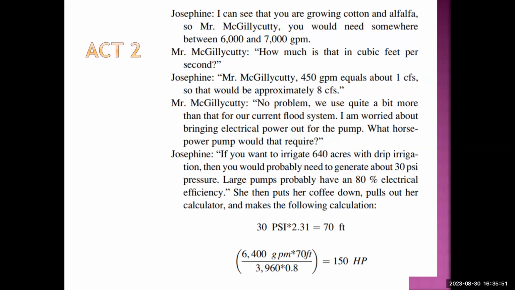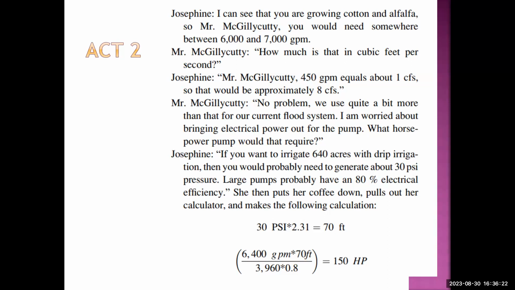I can see that you are growing cotton and alfalfa. So, Mr. McGillicuddy, you would need somewhere between 6,000 and 7,000 gallons per minute. Oh, seems like a lot. How much is that in cubic feet per second? Mr. McGillicuddy, 450 gallons per minute equals about 1 cubic foot per second. So that would be approximately 8 cubic feet per second.